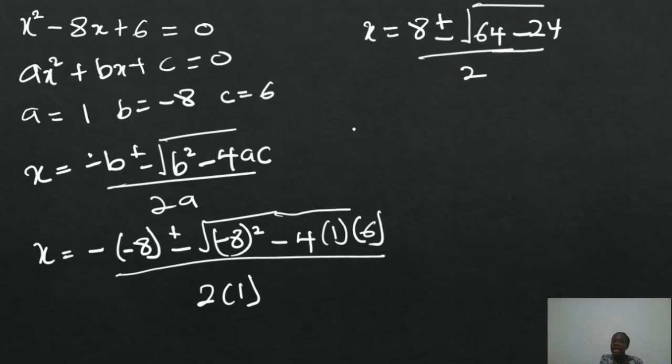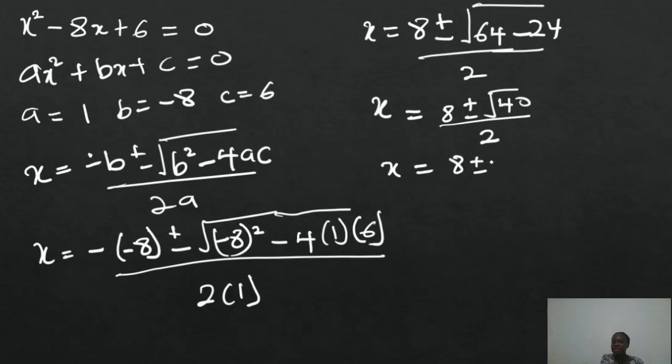So you are going to get x to be equal to 8 plus or minus the square root of 64 minus 24, which is going to give us 40, all this over 2. So x is going to be 8 plus or minus the square root of 40, which can be written as 2 roots 10. So we can write this as 2 roots 10 all over 2.